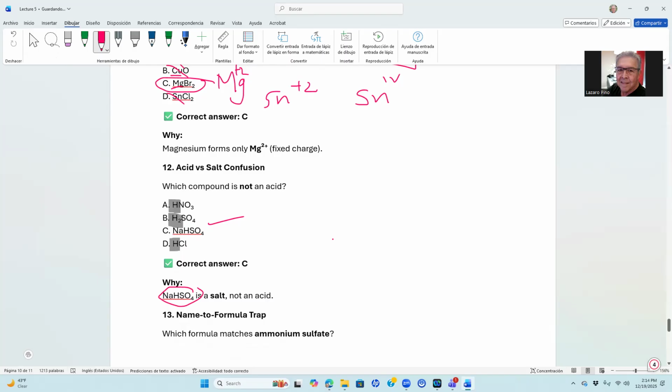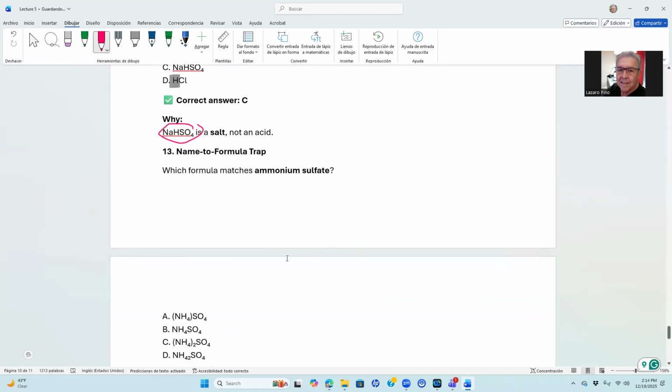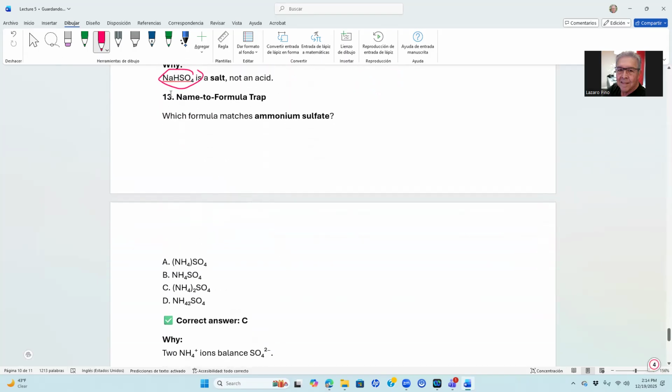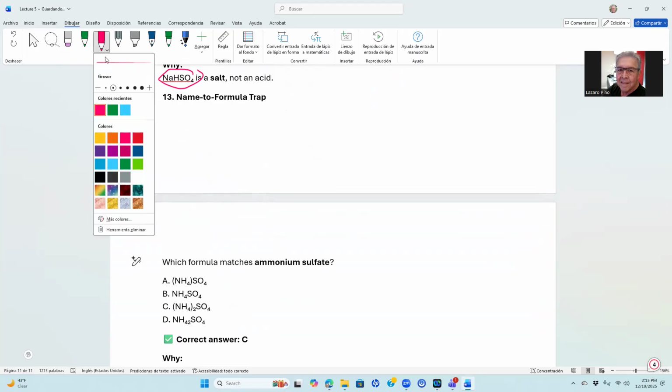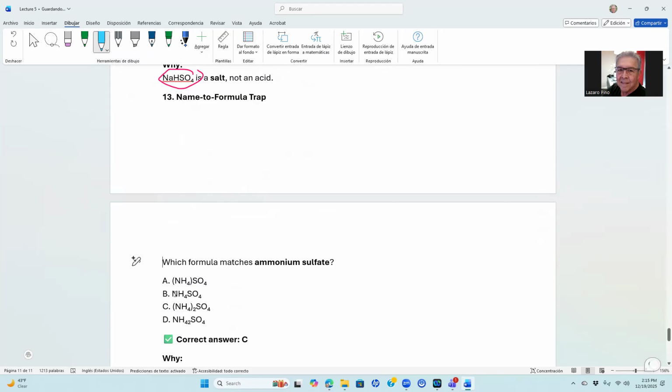Now, name to formula trap. Let's see. What is the question? Which formula matches ammonium sulfate? Okay, I go slowly, and I found ammonium.